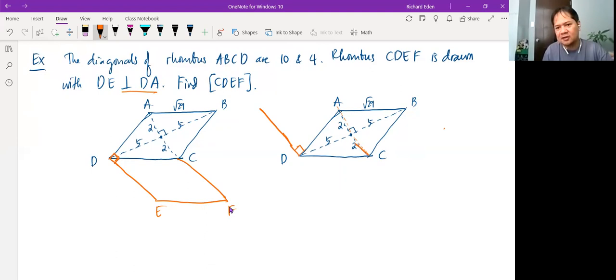Okay, so this is a right angle there. So technically it's not a rhombus anymore. It has to be rhombus C D E F.